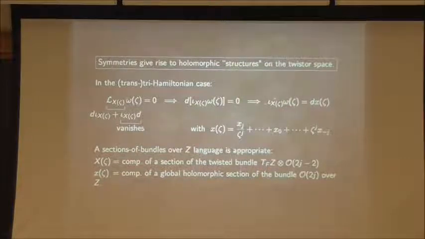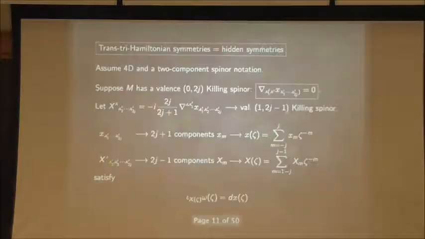Capital X of zeta. Yes, O(2j-2). Oh, it's O(2), okay, never mind. Yeah, so that compensates these two, and then you get there, right? Exactly. That's the whole point, you just add enough there. So it grows a little bit when you get to the moment map.